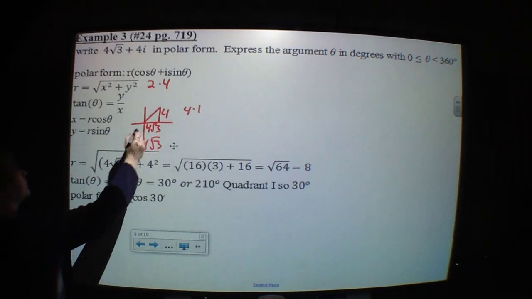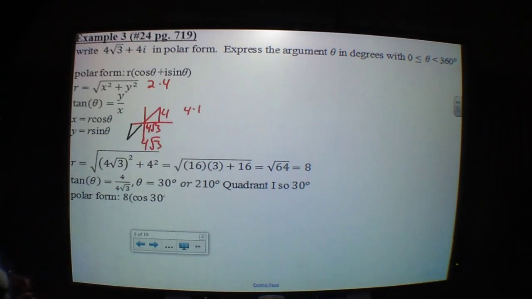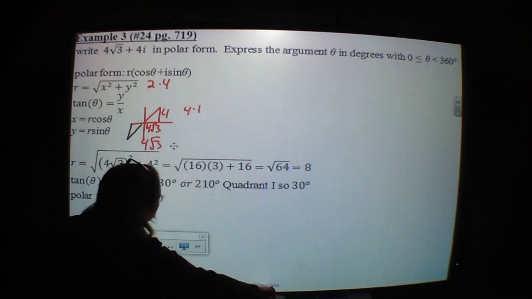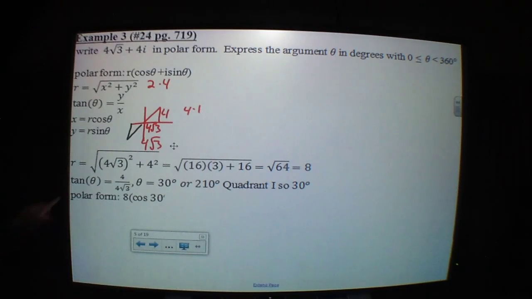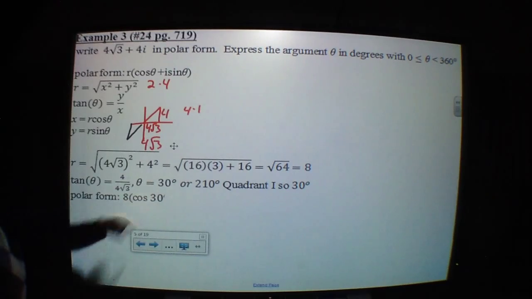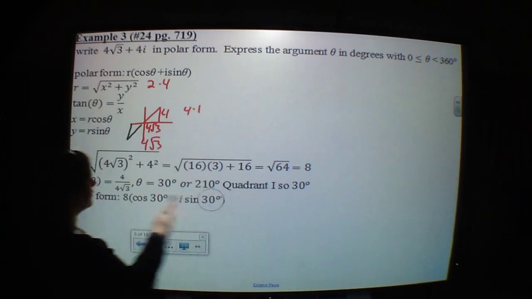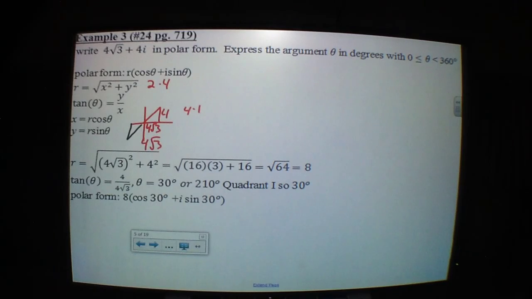Do note the quadrant, because I could be in that quadrant, because the ratio is still the same. And I'd be in this quadrant if that was a negative. But I'm not. So it's 30 degrees. So polar form is r cosine of theta plus i sine of theta. So 8 cosine of 30 plus i sine of 30.